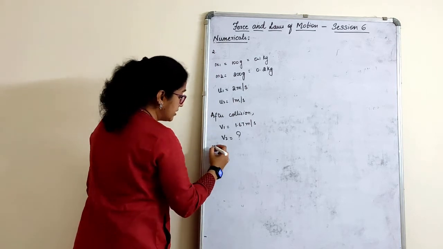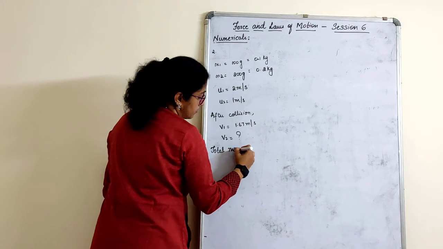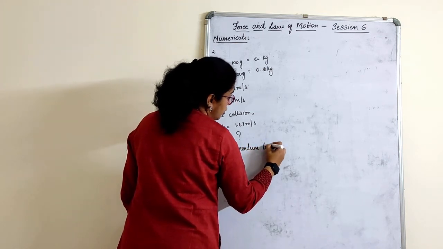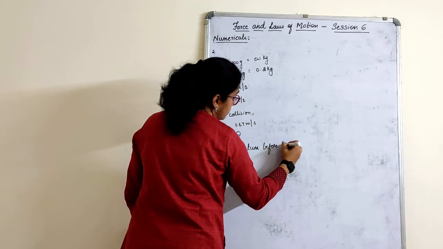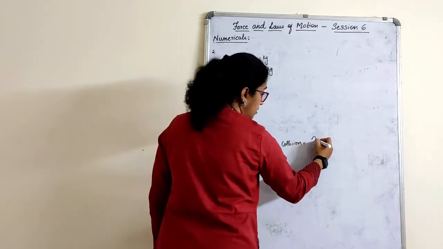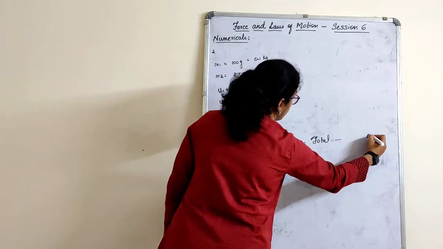So what you will write here is total momentum before collision is equal to total momentum after collision.